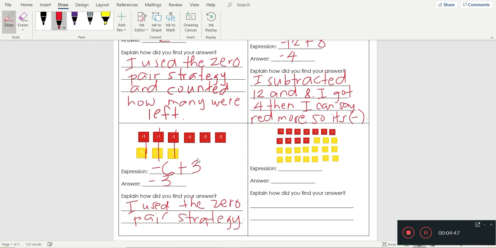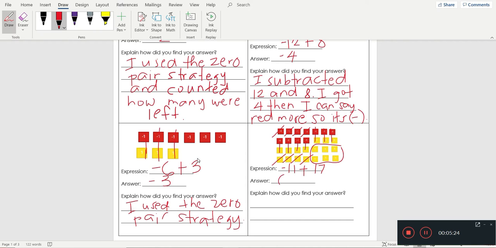Okay, next we have 1, 2, 3, 4, 5, 6, 7, 8, 9, 10, 11. Negative 11 plus 1, 2, 3, 4, 5, 6, 7, 8, 9, 10, 11, 12, 13, 14, 15, 16, 17. Plus 17. So yellow. So I'll do the zero pairs. So this one is paired with this one. So I have 6 yellow.